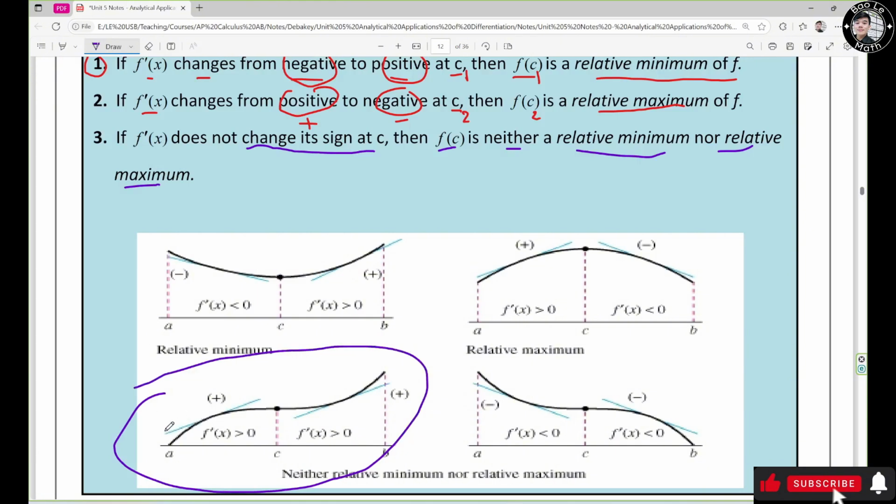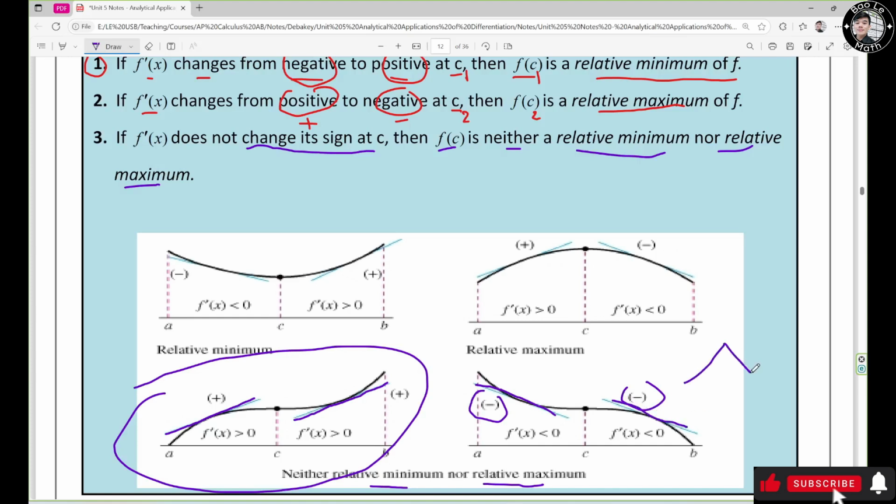Look, f prime of x is greater than 0 the first time, f prime of x is greater than 0 the second time, and it doesn't change sign at all. So neither a relative minimum nor a relative maximum in this situation. Or if it's negative, it's still negative right here. You see that? It's going down, and this one is going down.